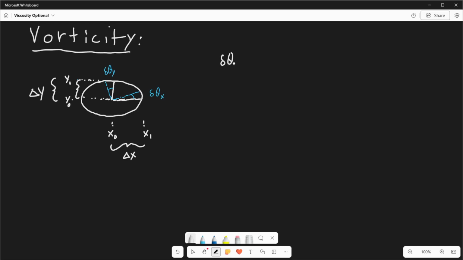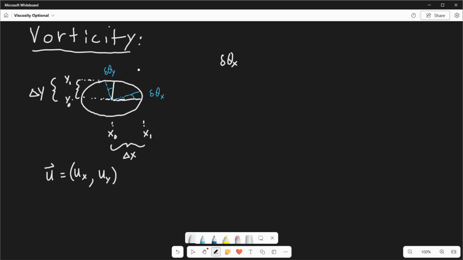Okay, so it can be seen that delta x can basically be written as a function of velocities. So u again is going to be the velocity, and u is going to have two components. One is going to be in the x direction and another is going to be in the y direction. So u vector as usual is the velocity, and u vector is going to equal ux and uy.